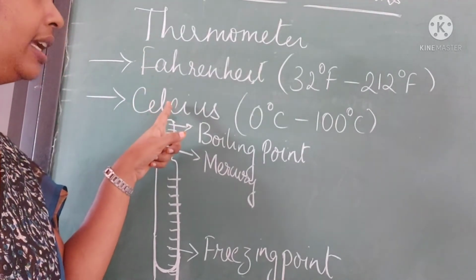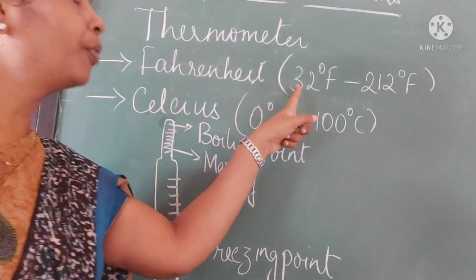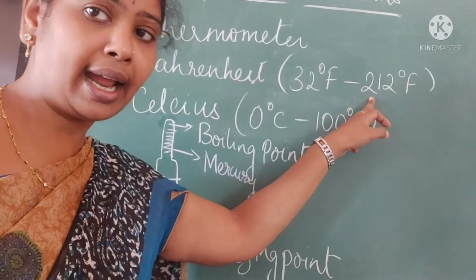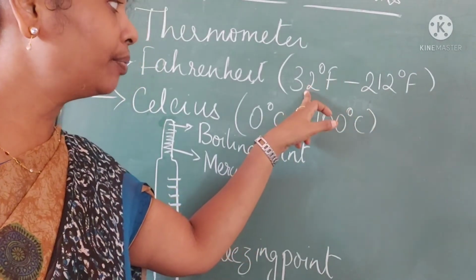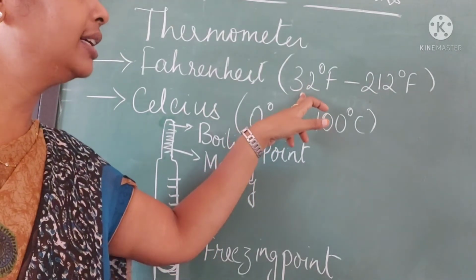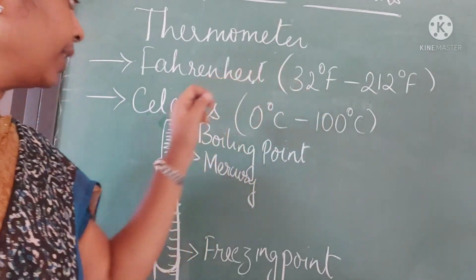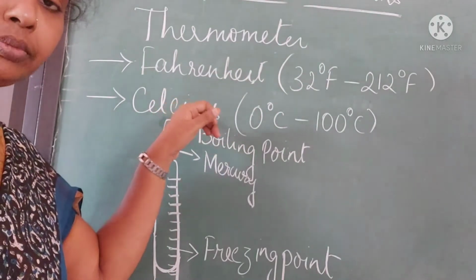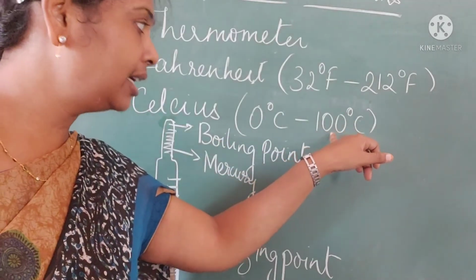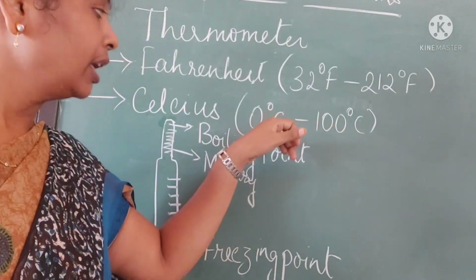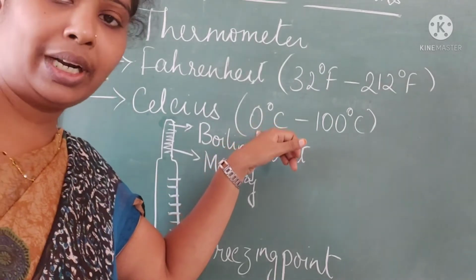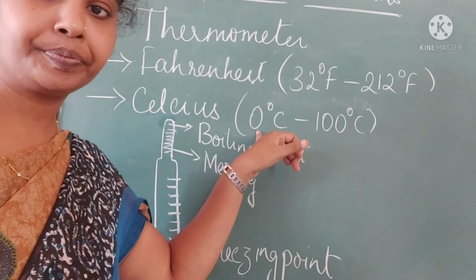On a Fahrenheit thermometer, the boiling point of water is 212 degrees Fahrenheit and the melting point of ice is 32 degrees Fahrenheit. And on the Celsius thermometer, the boiling point of water is 100 degrees Celsius and the melting point of ice is 0 degrees centigrade.